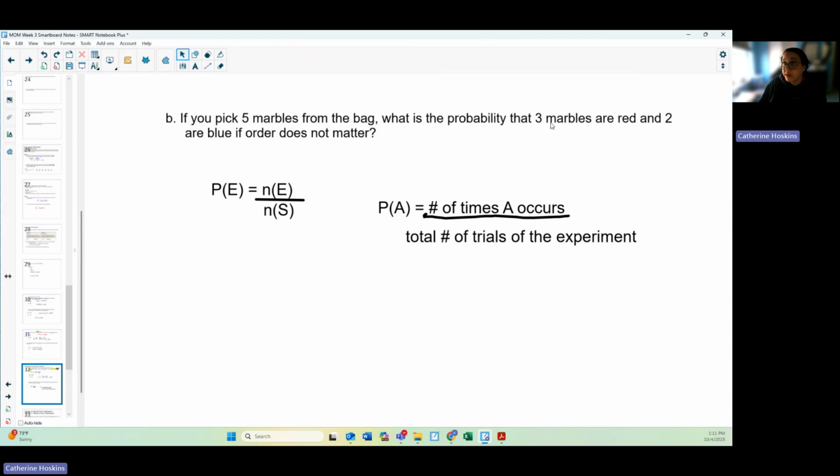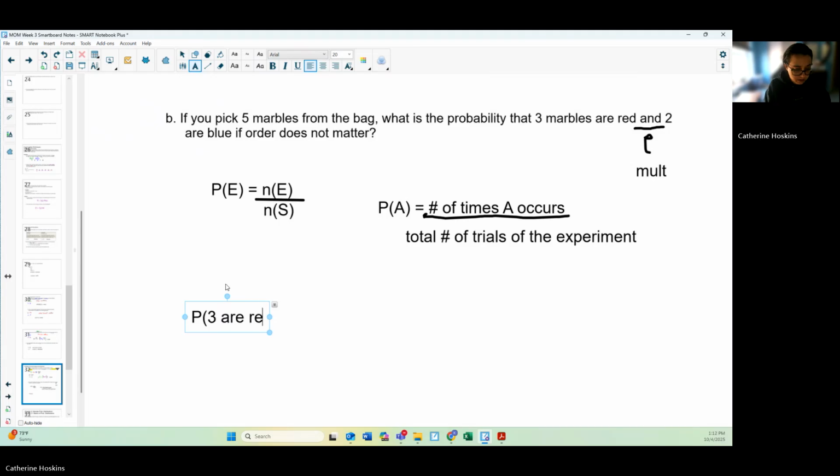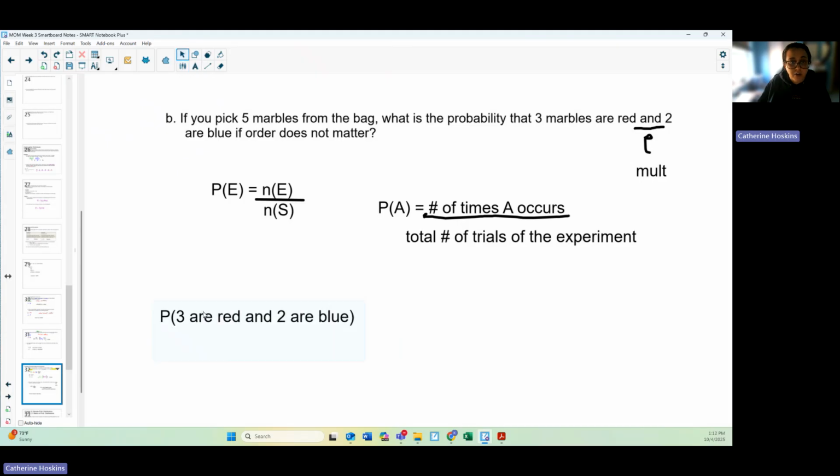What they want is the probability that 3 are red and 2 are blue. And over here means multiply. So we first need to figure out the probability that 3 are red.